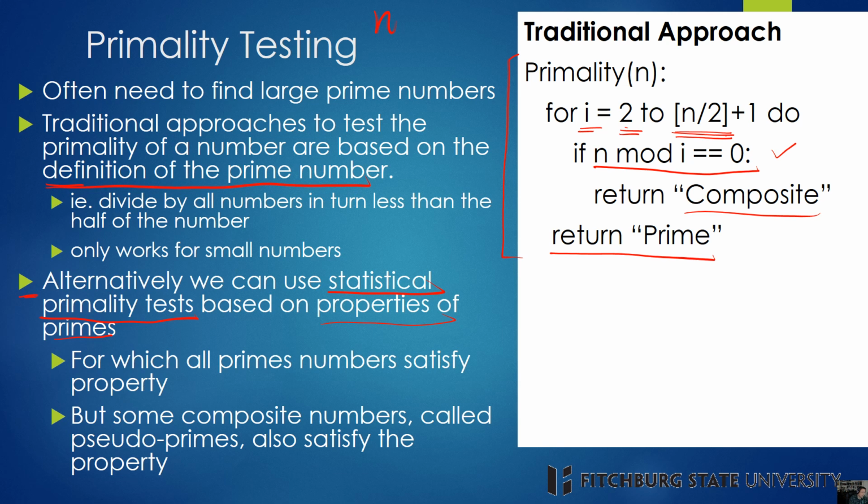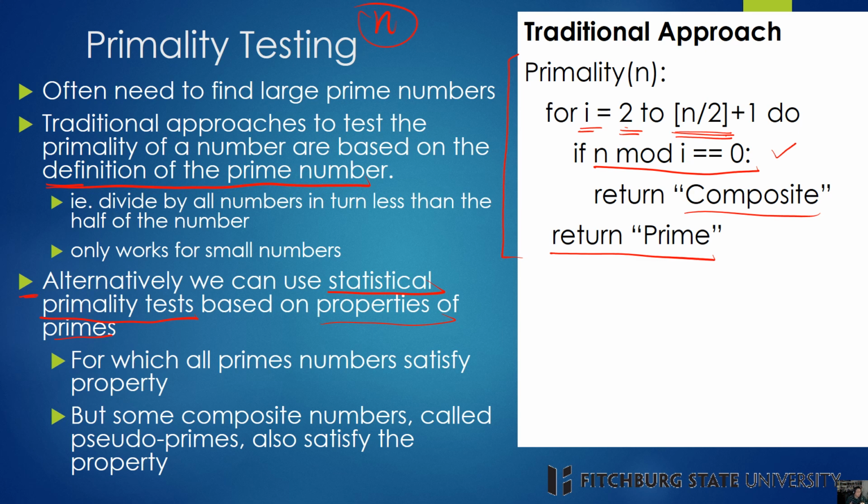Now, what does that mean? It means if we want to use a statistical primality test for number n, and we pass the testing, we can claim n is a prime number, or we can say there is a 99.99999% chance n is a prime number.